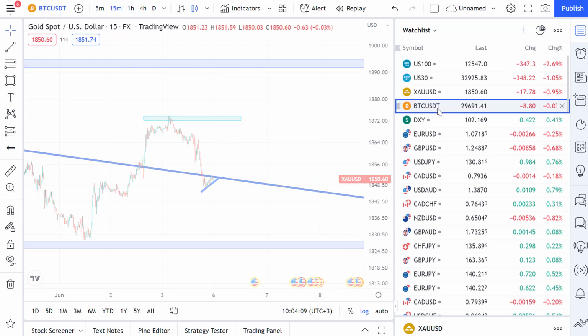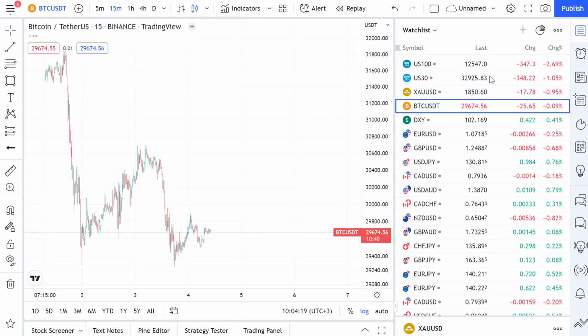Let's go to Bitcoin. Bitcoin, as I told you, has made another trading range, but in a different area.